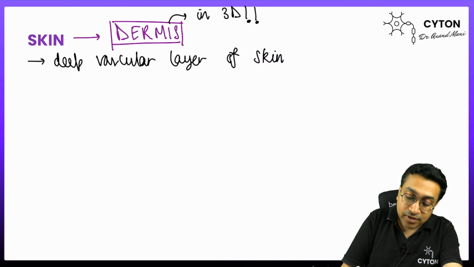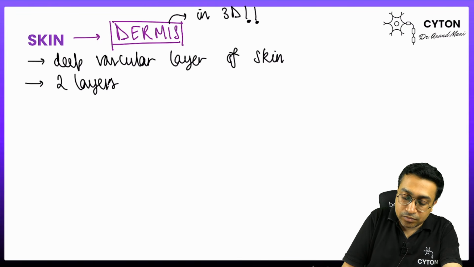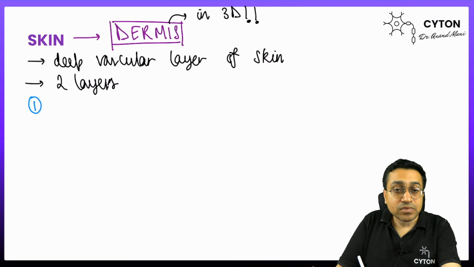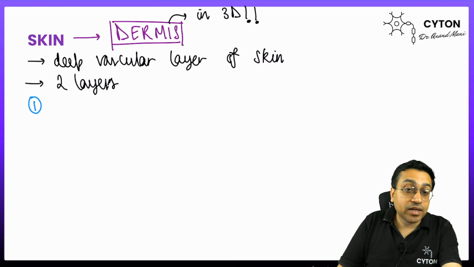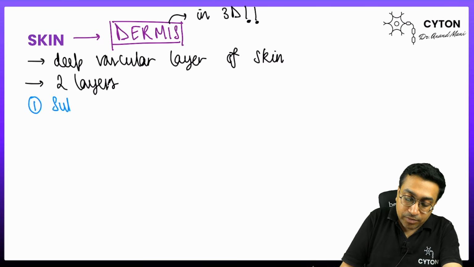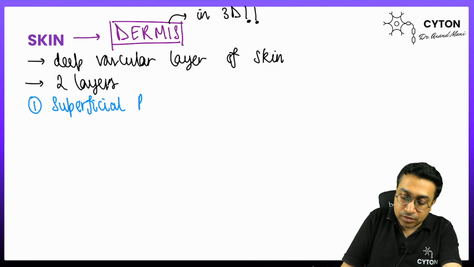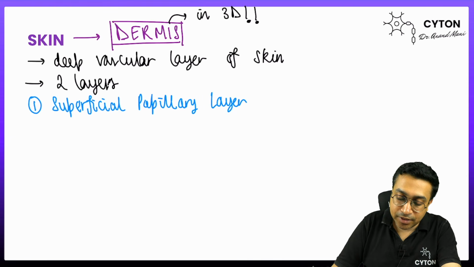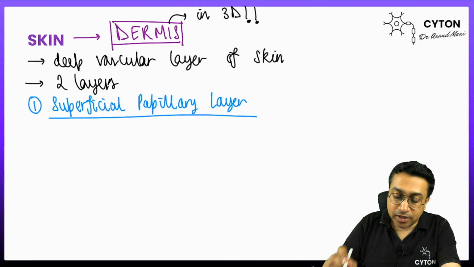Now the dermis has two layers. What are these two layers? Number one, that is the papillary layer, or I can write better, superficial papillary layer, so that we remember that the upper one is papillary. Okay, superficial papillary layer.